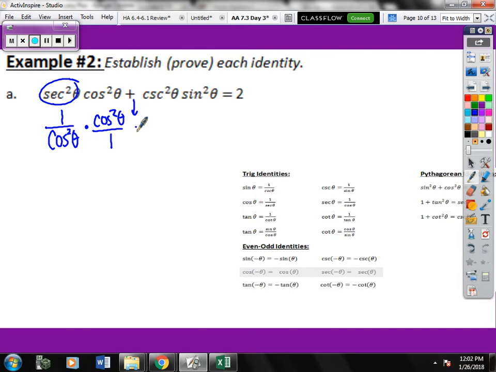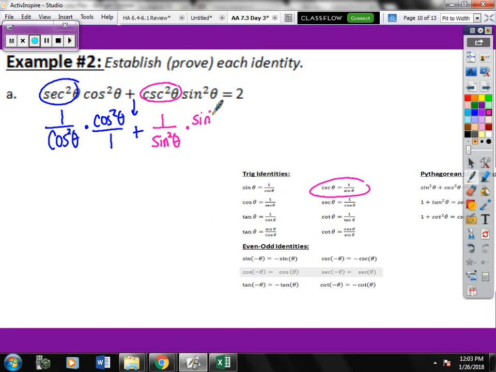Bring down your plus sign. And then what do you think I should change in the second set of terms? It doesn't matter, you have 2 options. Change the cosecant using your formula that the cosecant is 1 over the sine. So this would be 1 over sine squared.